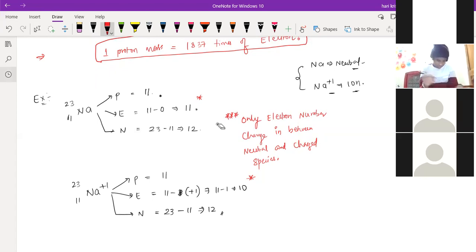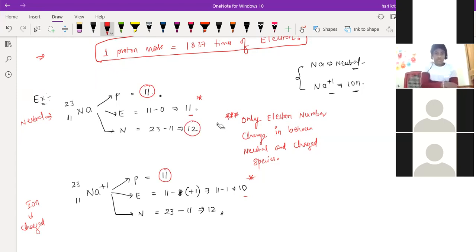See, in the case of this neutral species, the electron number is 11. This is an ion case. Ion means there's a charge. Some charge will be there. This is the electron number here. Only electron number is changed, right? The proton is constant. Here also proton is constant.